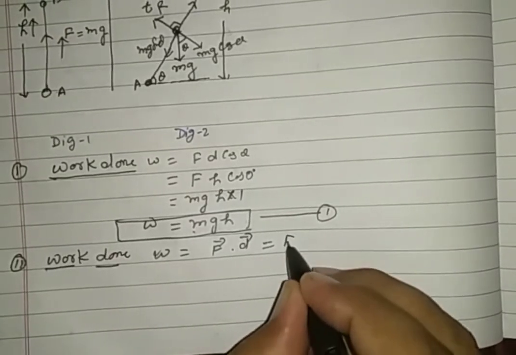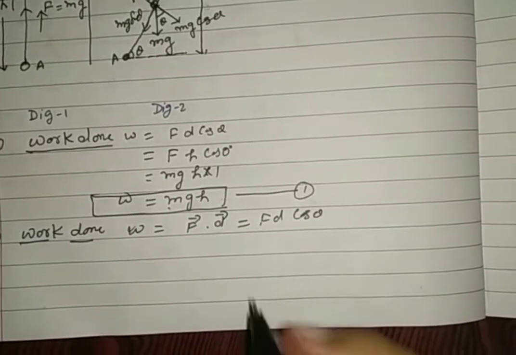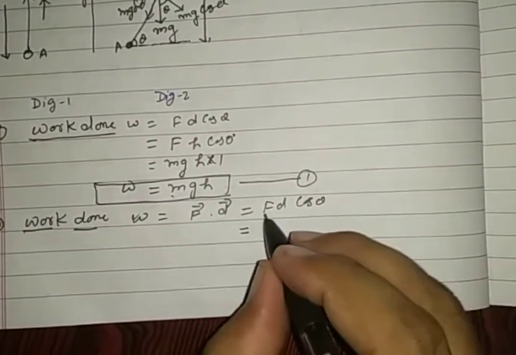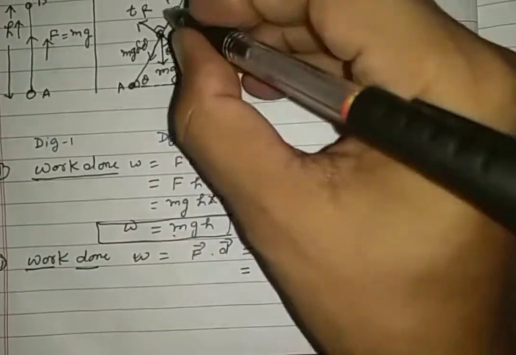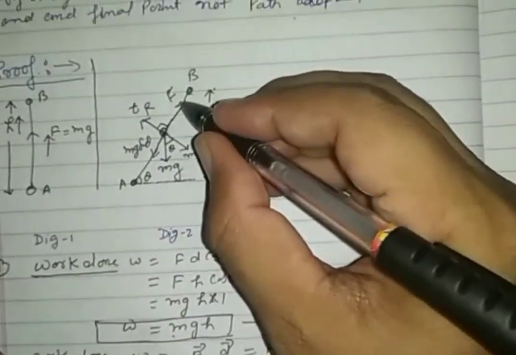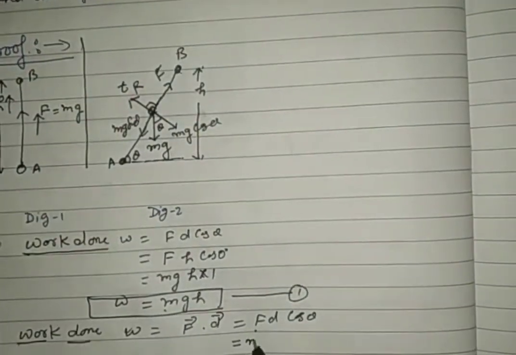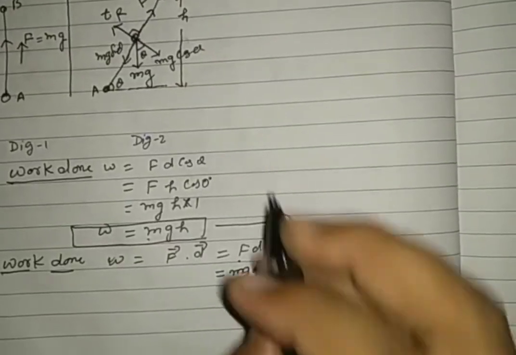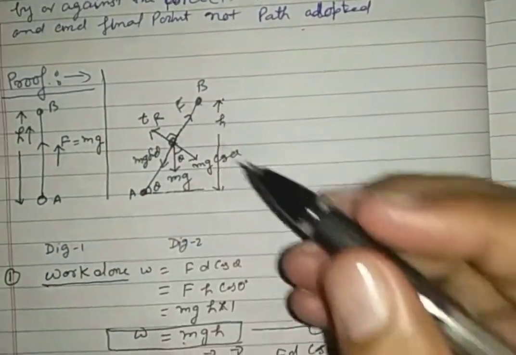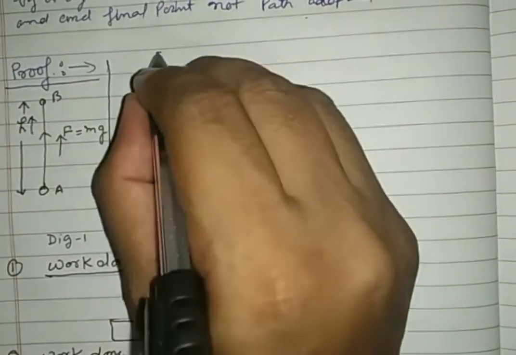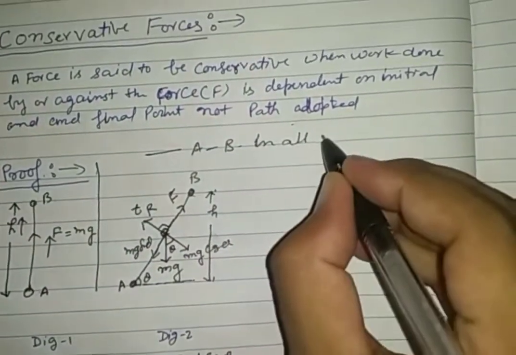Work done W is equal to F d cos theta. Now see in this diagram, the force required in this case is equal to mg sin theta. See in the diagram very carefully, the required force to uplift the ball from A to B. The ball is moved from A to B in all cases.